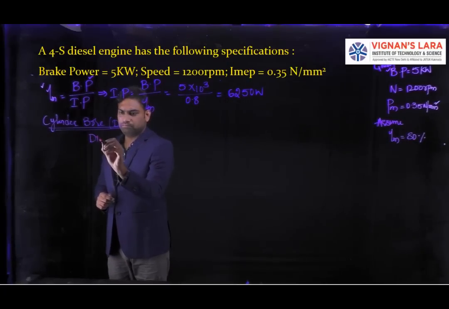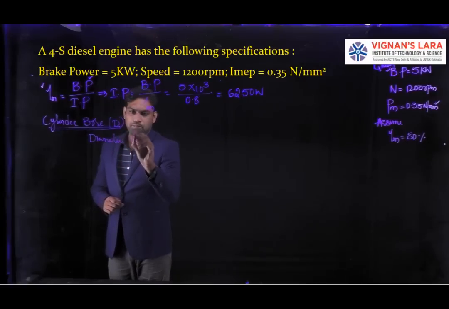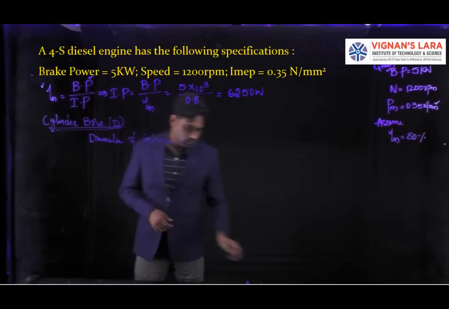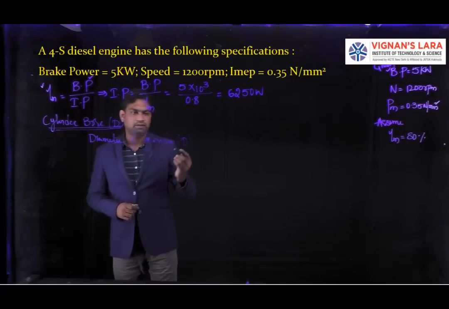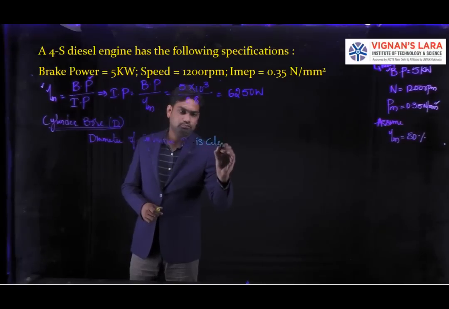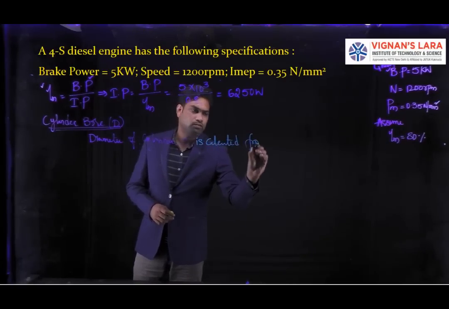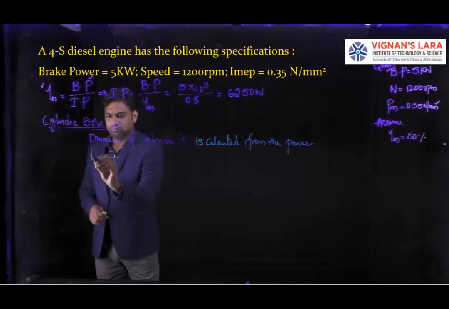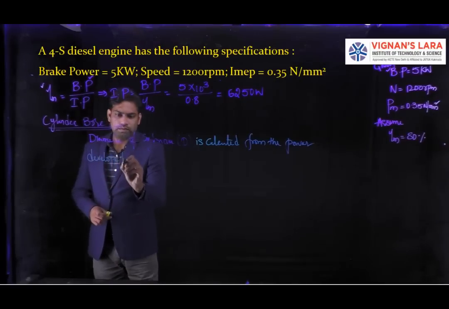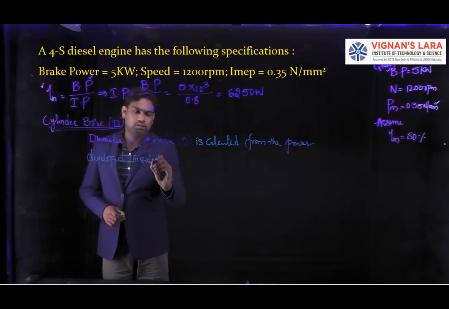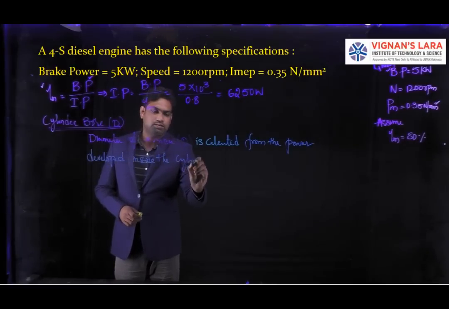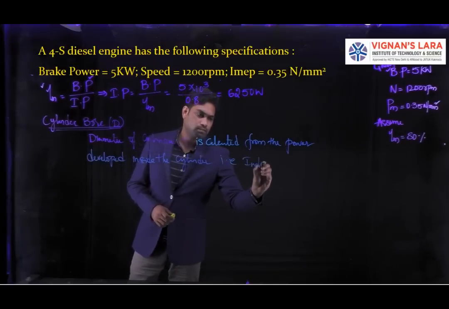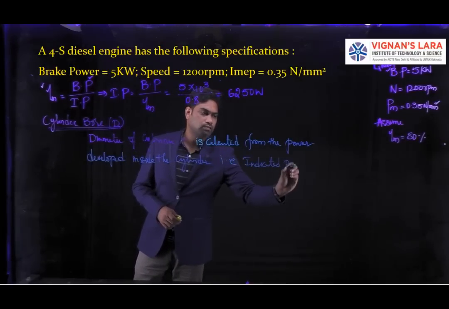Diameter of cylinder, capital D, is determined from the power developed inside the cylinder, that is the indicated power.